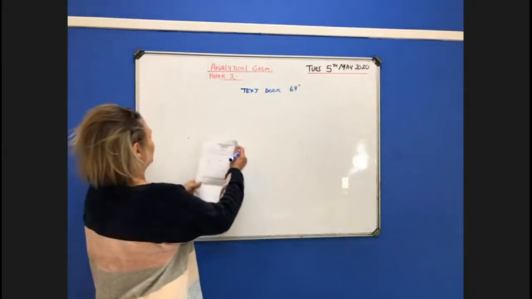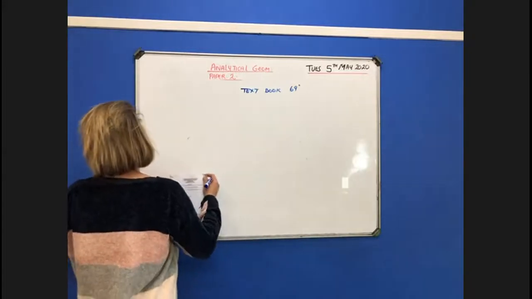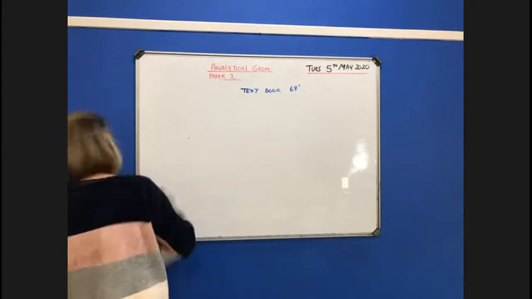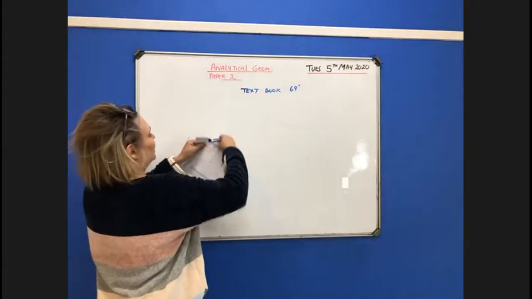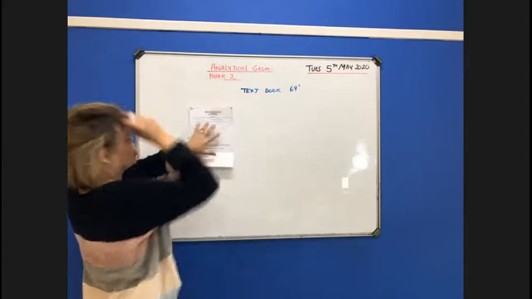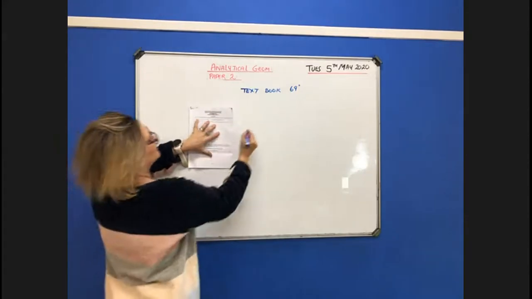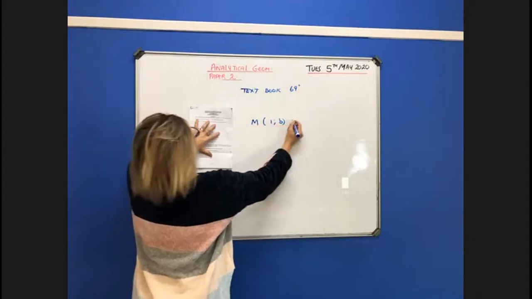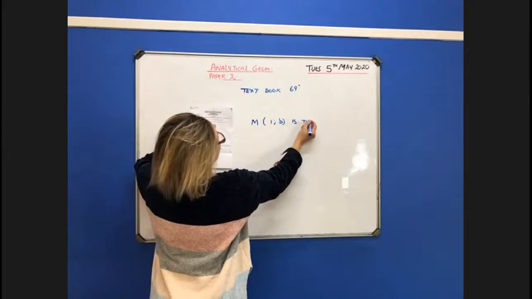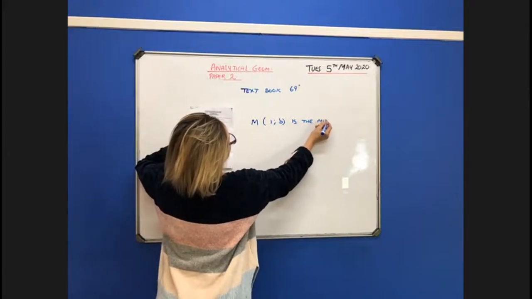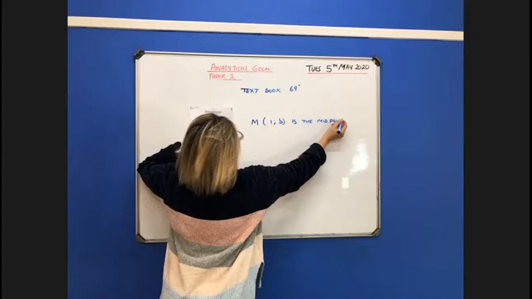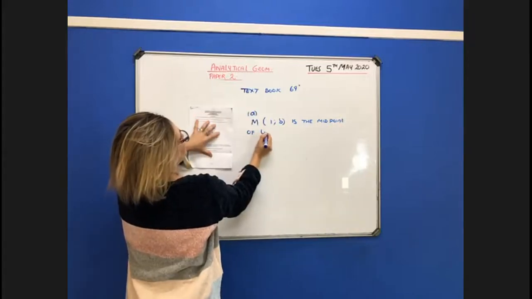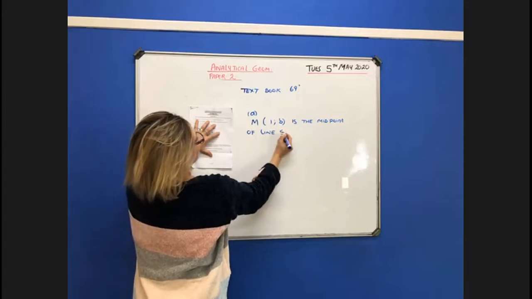As far as this worksheet, as I said, I will post it. Okay, so it's from an IEB exam. The first question, you can't see it from there. It says M, the coordinate is 1 and b, is the midpoint of the line segment.